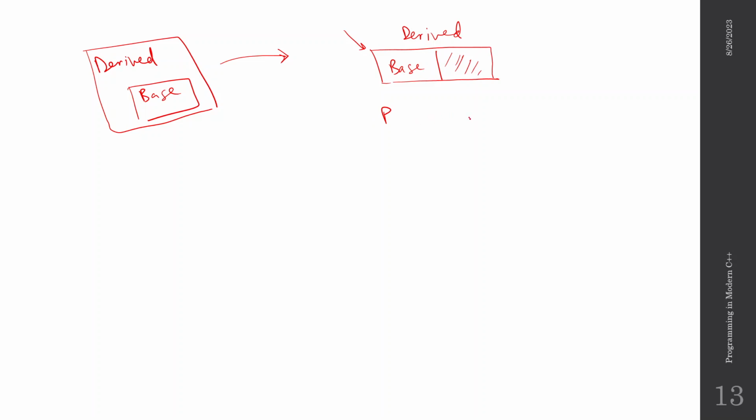If you write it as base star p, then it will work in one way. If you write it as derived star p, then it will be interpreted as a derived object. Okay, so these are two things to keep in mind. It might be required in a few further questions.